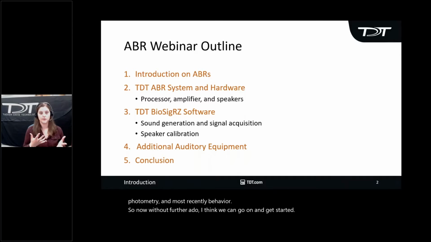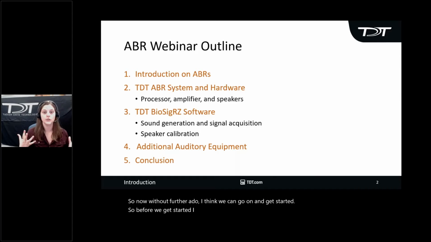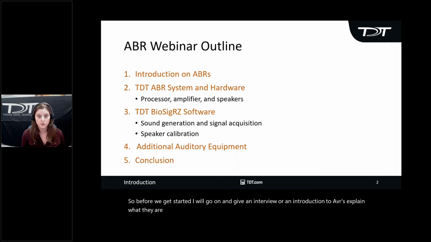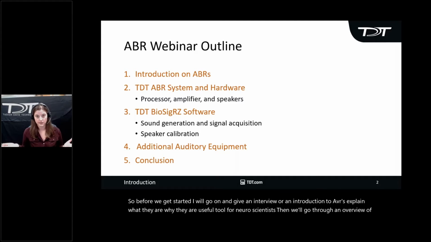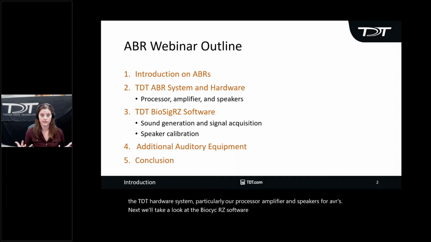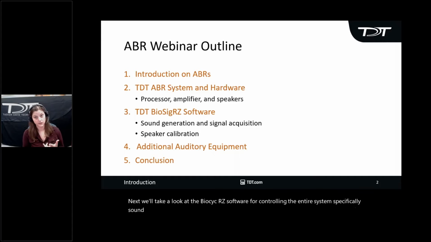Before we get started, I will give an introduction to ABRs, explain what they are and why they are a useful tool for neuroscientists. Then we'll go through an overview of the TDT hardware system, particularly our processor, amplifier, and speakers for ABRs. Next, we'll take a look at the BioSig RZ software for controlling the entire system, specifically sound generation and signal acquisition.